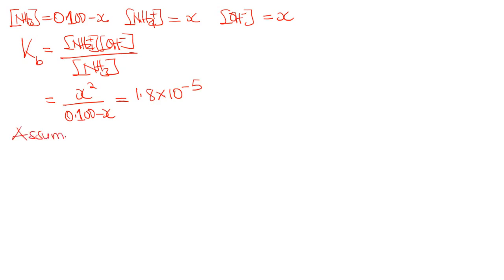As usual, assume X is small. So we are going to have X squared over 0.100 is equal to 1.8 times 10 to the power negative 5.